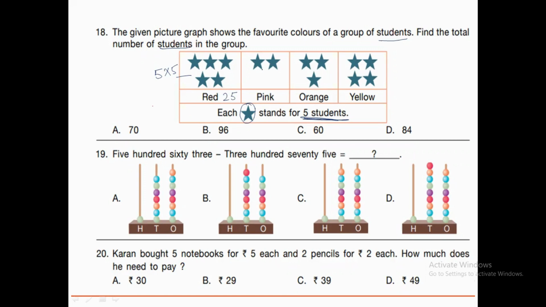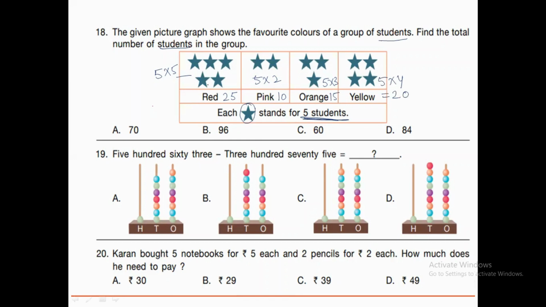How many students like pink color? 5 multiplied by 2, which is 10. How many students like orange color? 5 multiplied by 3, which is 15. How many students like yellow? 5 multiplied by 4, which equals 20.